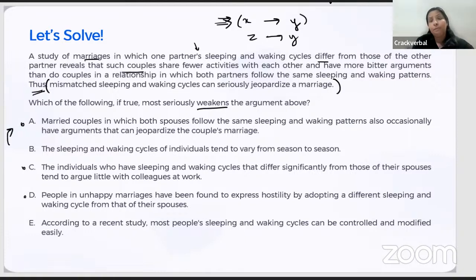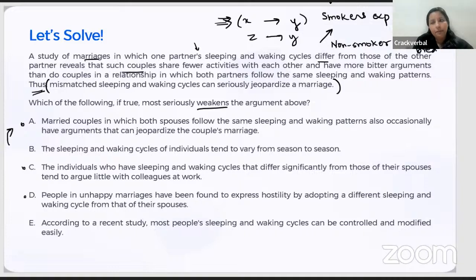Let me just give you an example. If I say smokers, no disrespect to any of the smokers, if I say smokers experience breathlessness, does this fact mean non-smokers do not experience breathlessness?